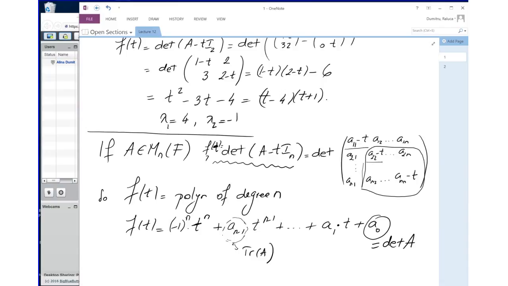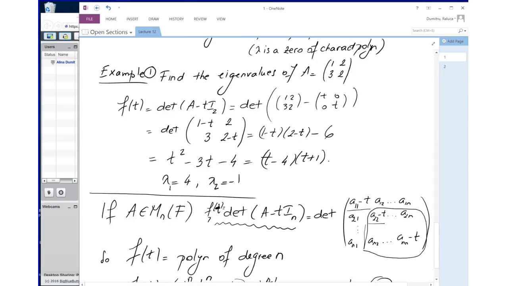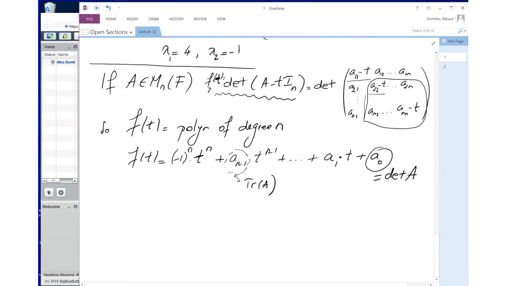Okay, one more example that we're going to need a bit later. Example 2. So let's say that two n by n matrices are similar.